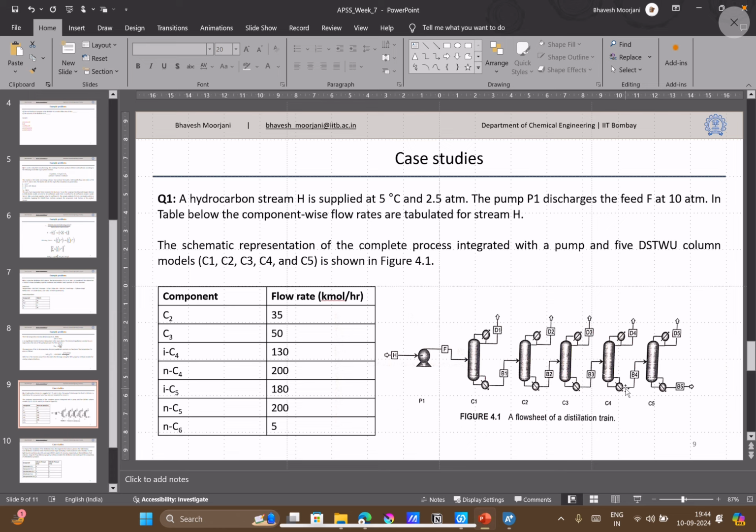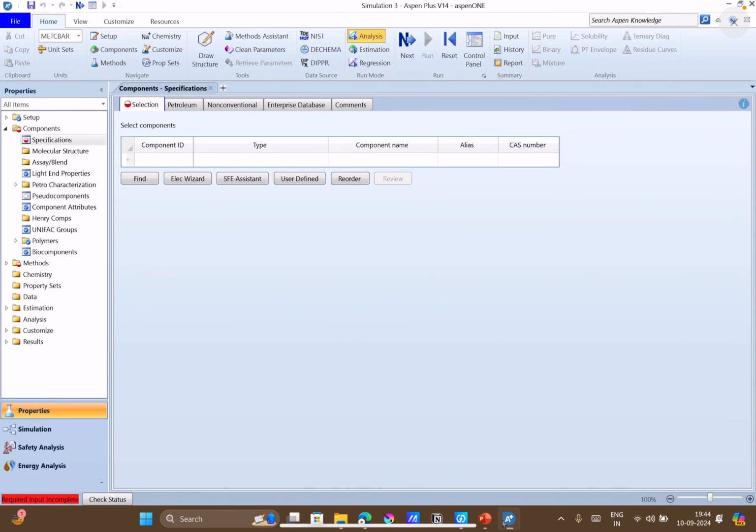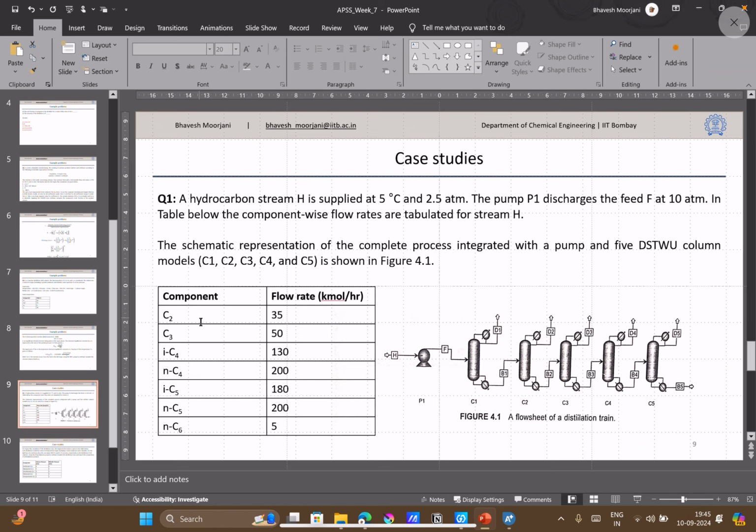If you are familiar with the various refining units, you will find the first are the atmospheric distillation unit and the vacuum distillation unit, and depending upon how much purity and what cut you want, there are series of distillation columns present. Similarly, in petrochemical refineries, you will find such trains of distillation column units for the separation of a particular component. Okay, so we will add all these components.